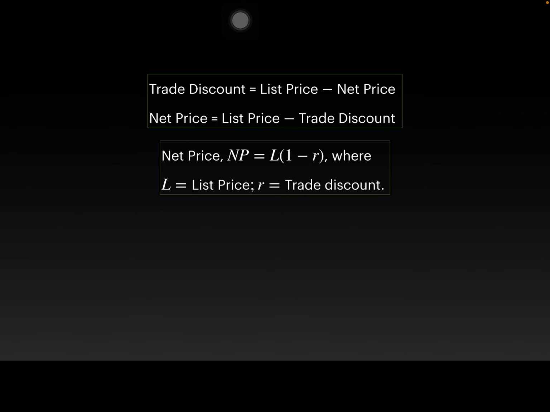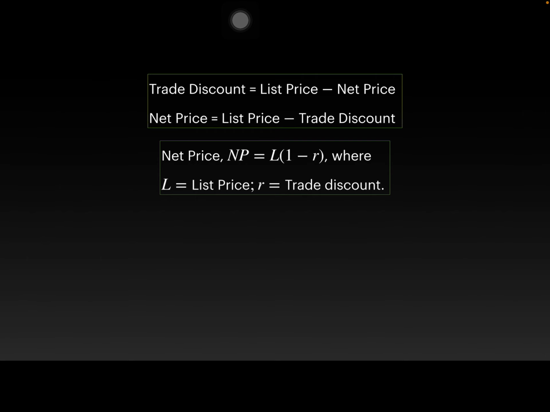We usually quote our trade discount in percentage, 20%, 15%, for example. So the first formula of computing net price: net price NP equals list price minus trade discount.